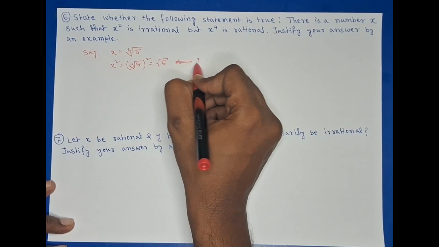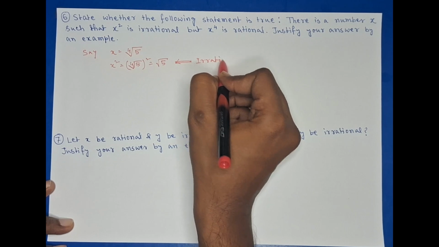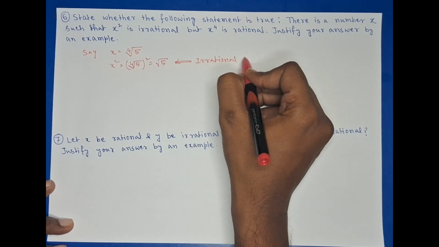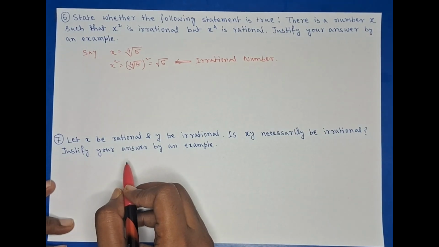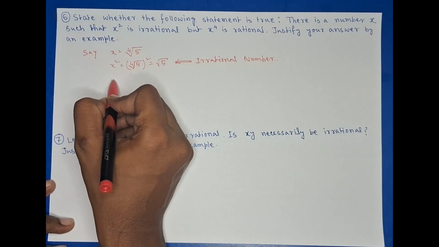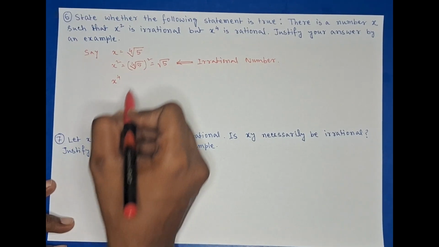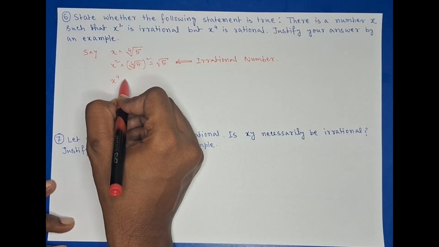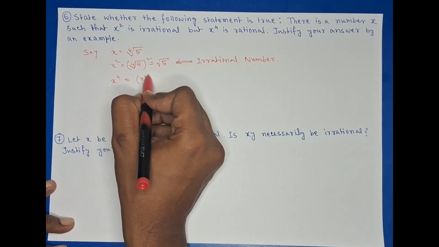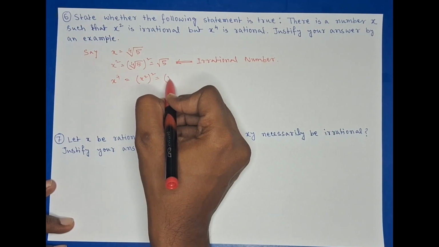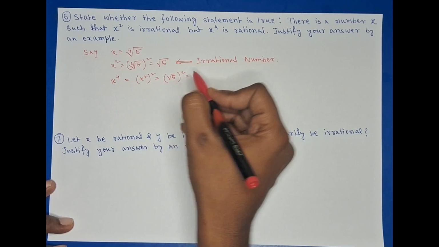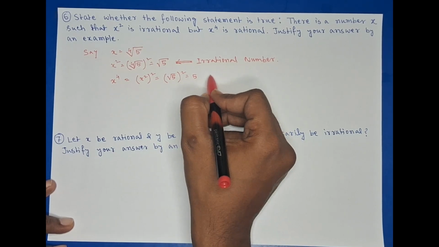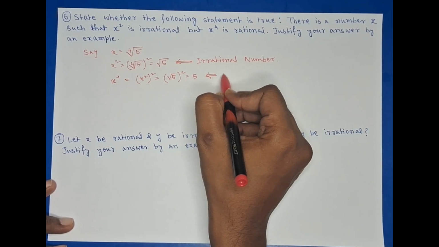This is an irrational number. But what about x to the power 4? X to the power 4 is nothing but x square whole square, that is root 5 square, which is equal to 5. Now what is this? This is a rational number.